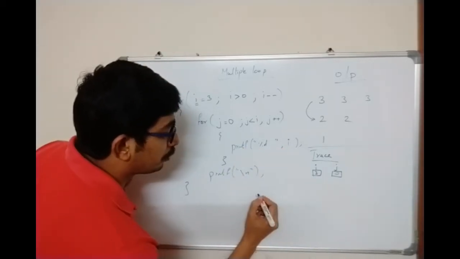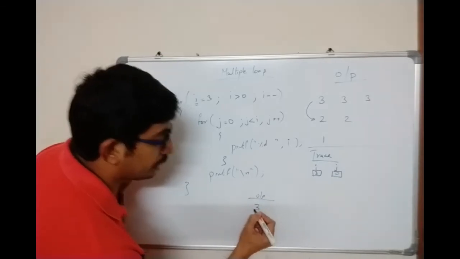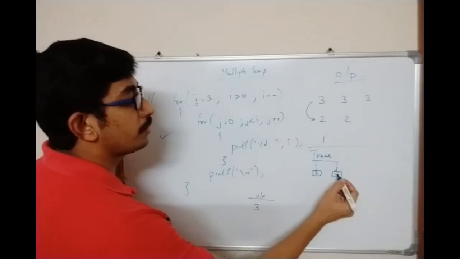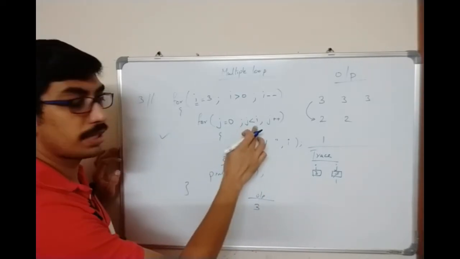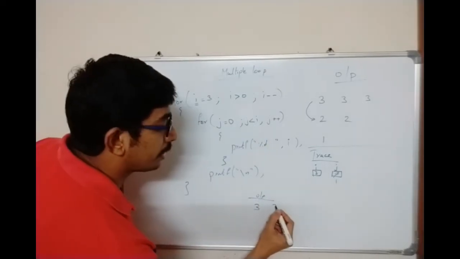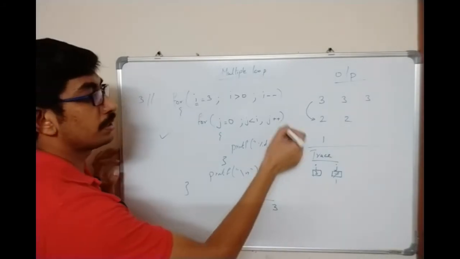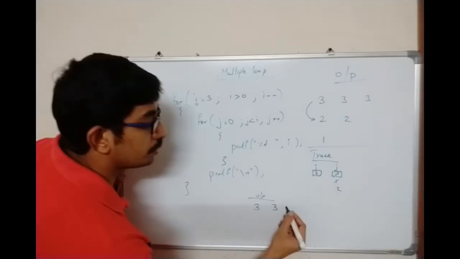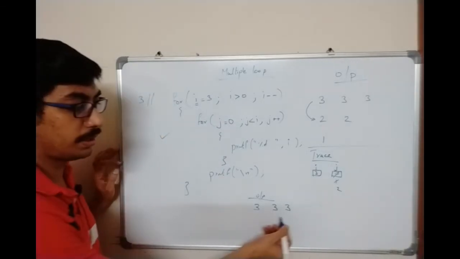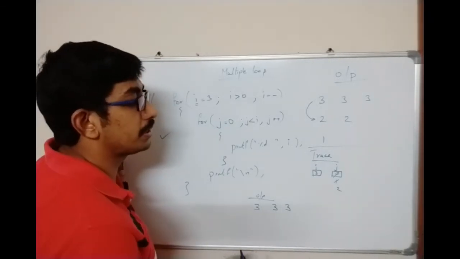In the output, initially 3 will be displayed, j will be incremented to 1, and i will remain 3. 1 is less than 3, the condition is true, so i will be displayed again. j becomes 2, 2 is less than 3, the condition is true again, and i is displayed, so 3 3 3 will be displayed.